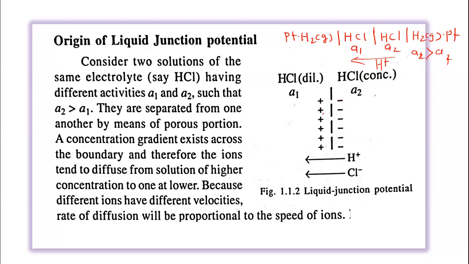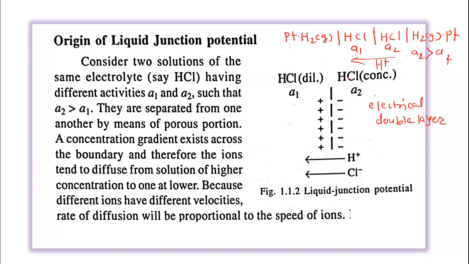Positive and negative charges are separated from each other, and this gives the formation of an electrical double layer, which is responsible for the development of the liquid junction potential at the junction between the two electrolytes.